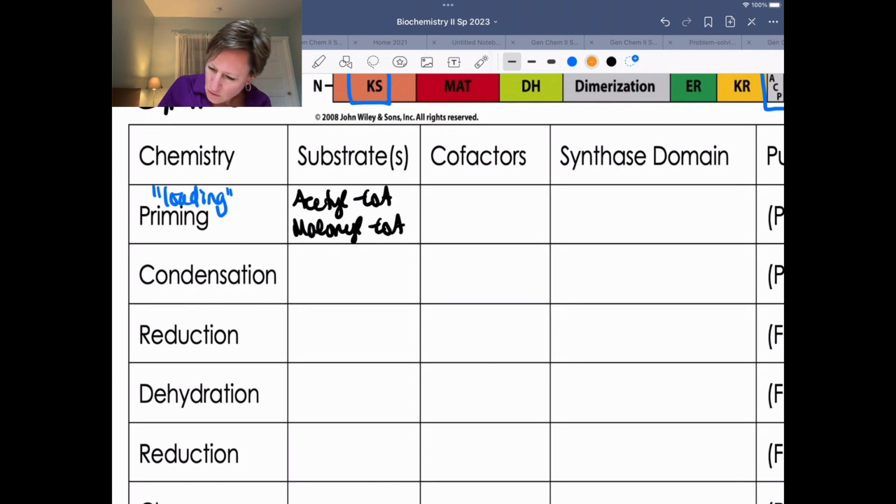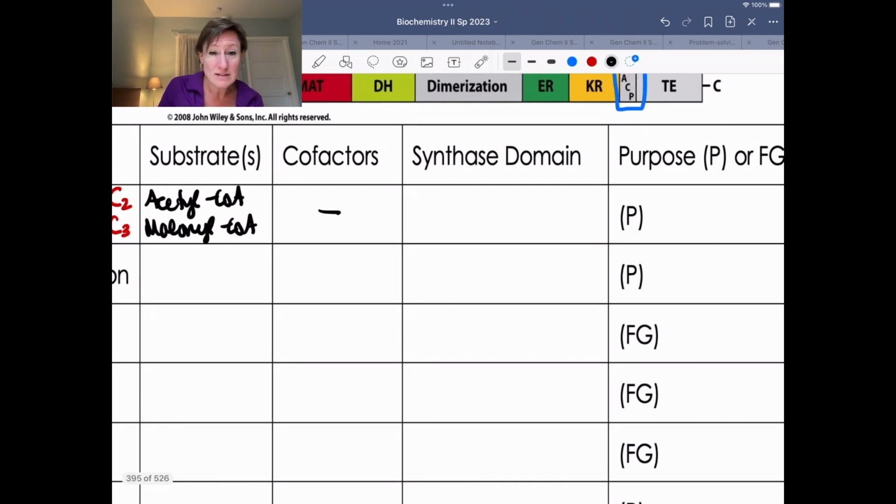Acetyl-CoA being that C2 piece, malonyl-CoA being that C3 piece. Nothing's really necessary to load these onto the synthase domain that we're going to see.